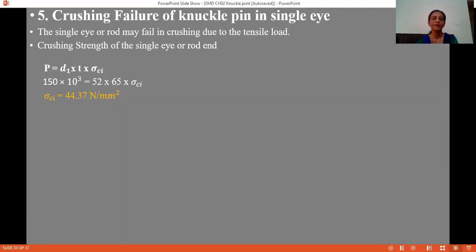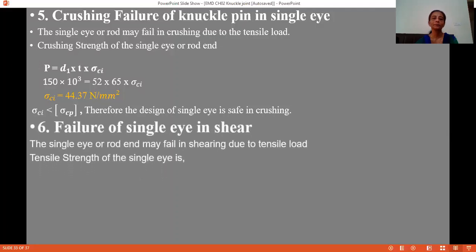Here we will substitute values of P, D1 and T, and we can find sigma c induced. Here we get sigma c induced as 44.37 Newton per mm square, which is less than permissible value of the crushing stress. Therefore, design of single eye is safe in crushing.